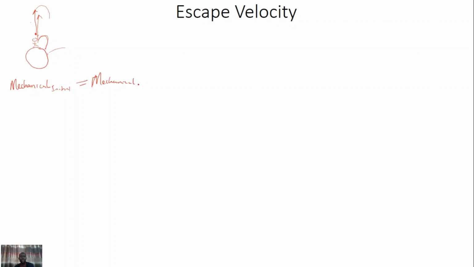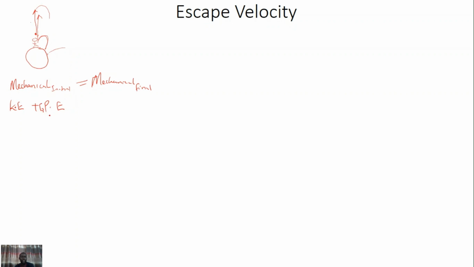And we know that the mechanical energy is equal to the kinetic energy plus potential energy. And in this case, it will be gravitational potential energy of the body. If you don't know what gravitational potential energy is, watch my video on gravitational potential energy and gravitational potential.